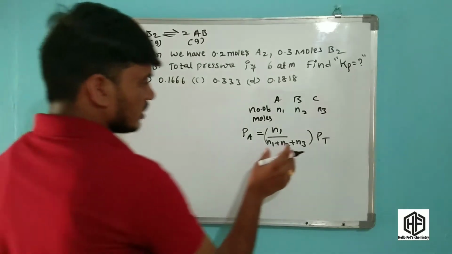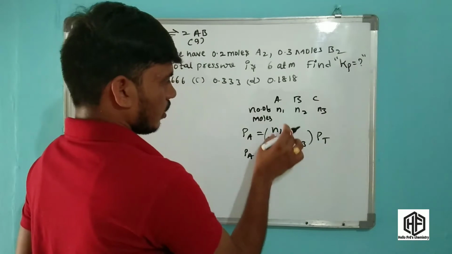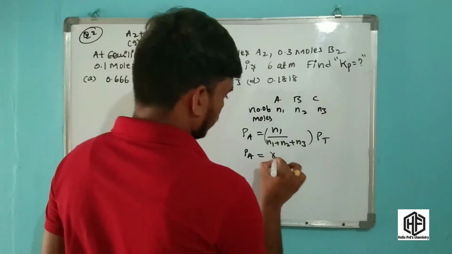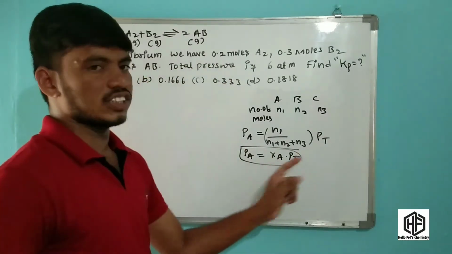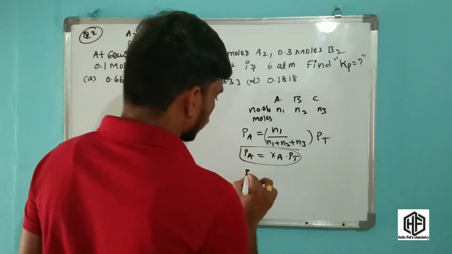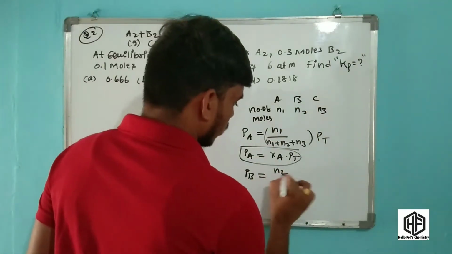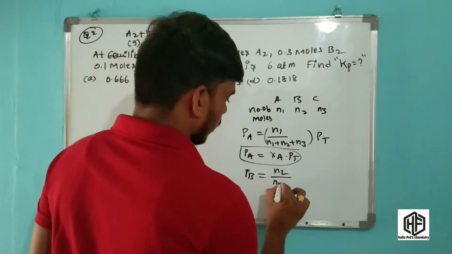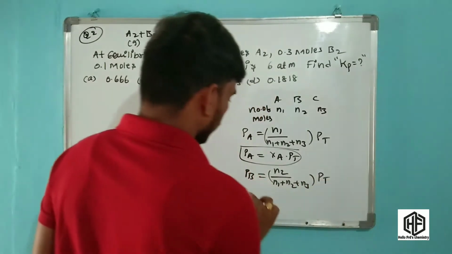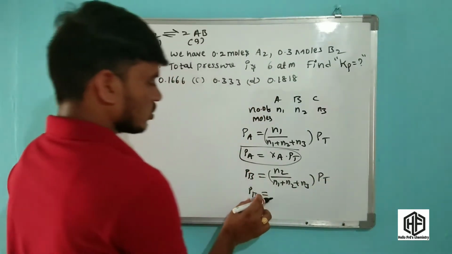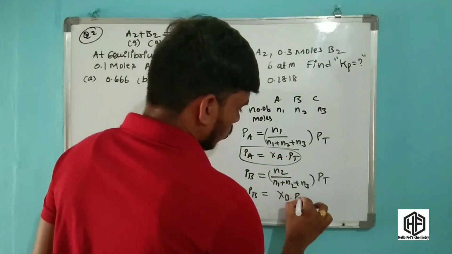Now this is the concept. P is equal to the number of moles by total moles, which is the mole fraction XA, into PT. The partial pressure is the mole fraction into the total pressure. Similarly, the partial pressure of B is the number of moles of B, N2, by the total number of moles, N1 plus N2 plus N3, into the total pressure, which is the mole fraction XB into total pressure.